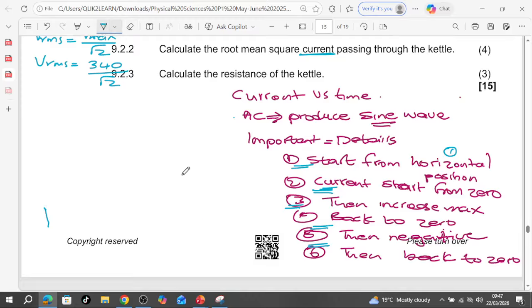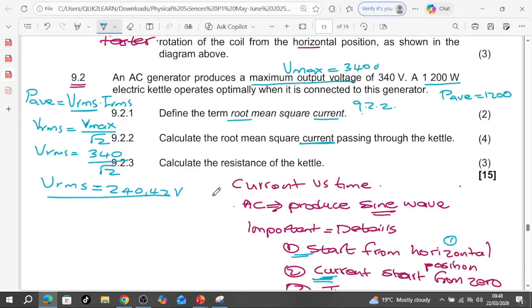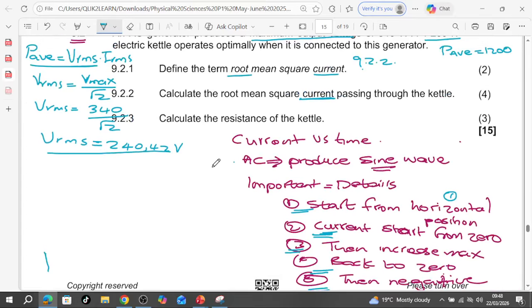Okay, so when I put this on the calculator, I get my VRMS to be 340 over the root 2, and this is 240.42 volts.